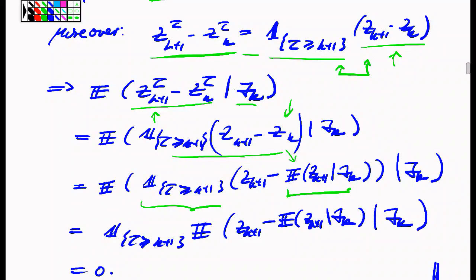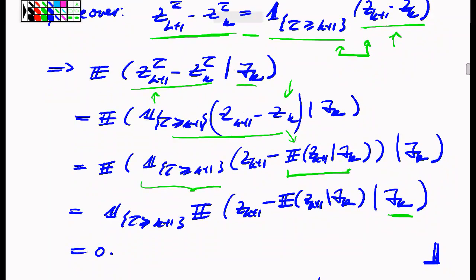Because we can make a decision, or observe whether the stopping time has occurred at time k at the latest or not, by measurability or by adaptedness, by looking at the time k at most. So therefore, whether or not tau is greater or equal to k+1 is determined by looking at everything that happened up to time k alone, which means that this indicator is a function which is measurable with respect to the sigma field on which we compute the conditional expectation.